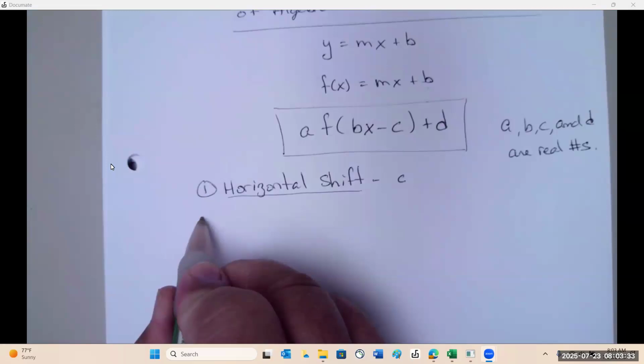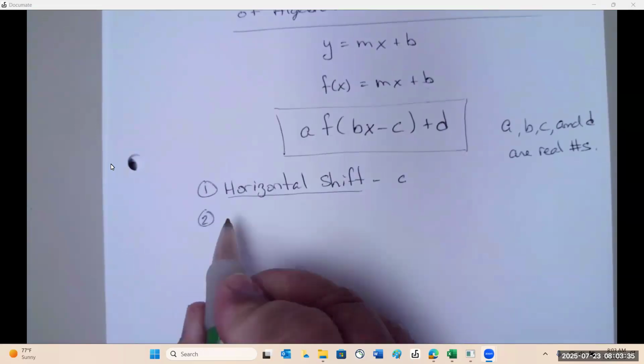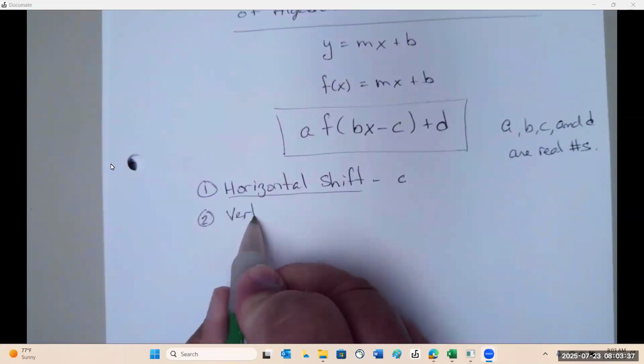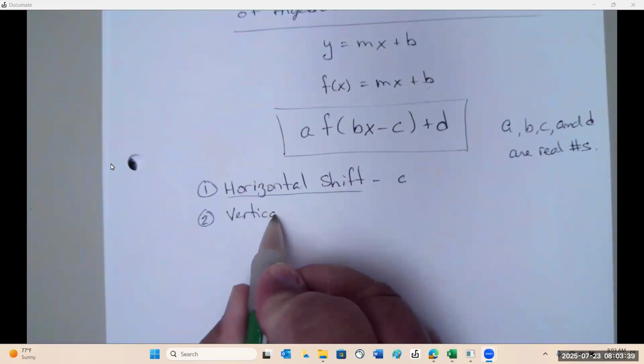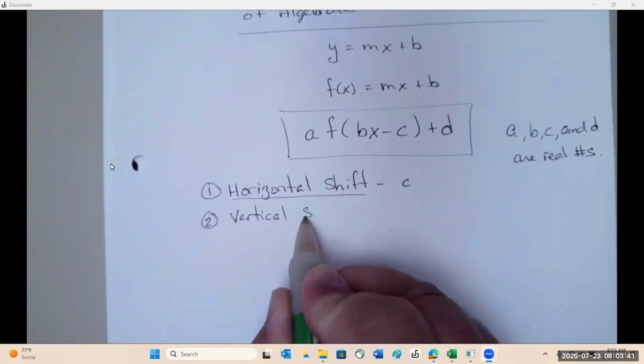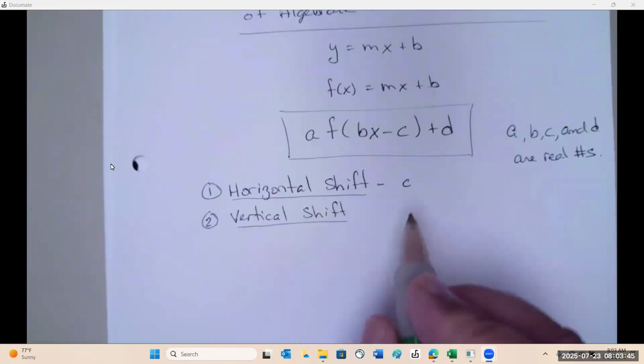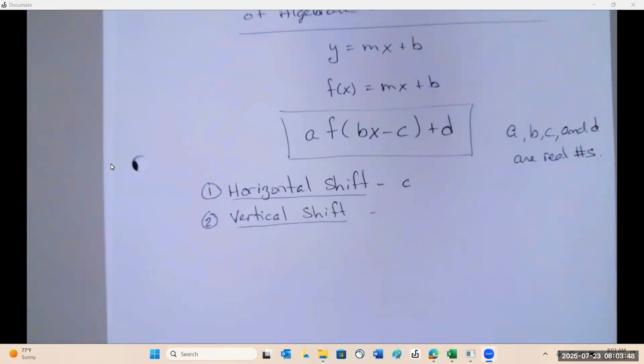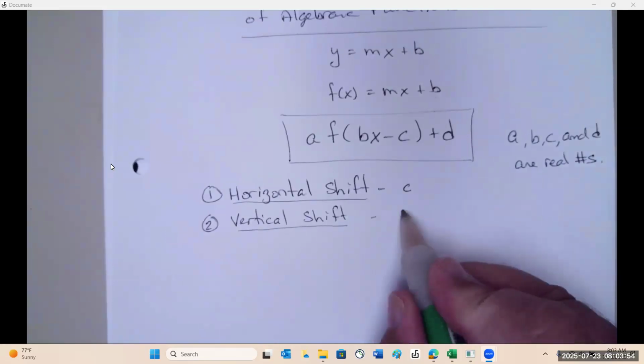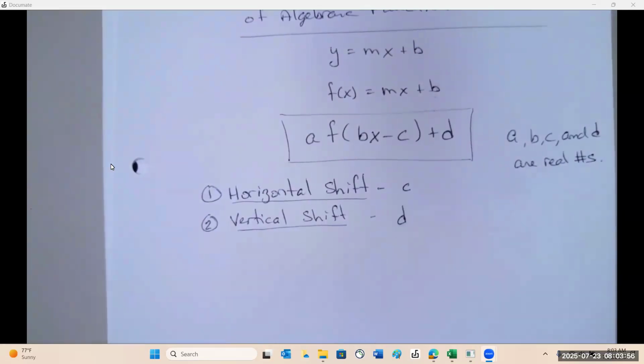The next thing we're going to talk about is a vertical shift. So which one do you think is a vertical shift in this equation? D. Just think about it.